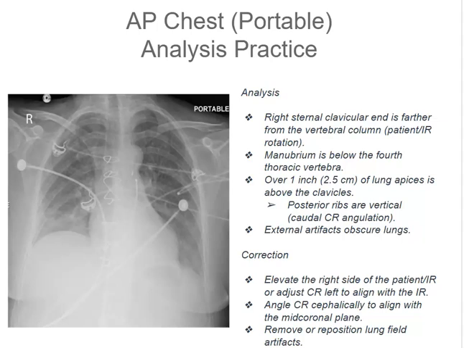And you want to adjust the central ray angulation cephalically until it is aligned perpendicular to the mid-coronal plane. And all these artifacts that are on this patient, if we can shift them so that they're not within the lung field, or request permission if we can remove them for the picture, would be in the patient's best interest.